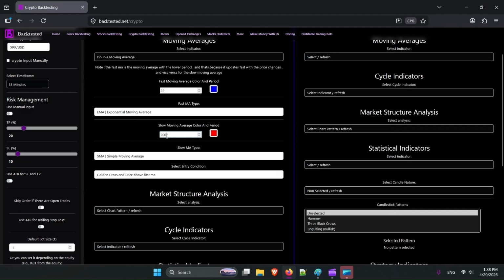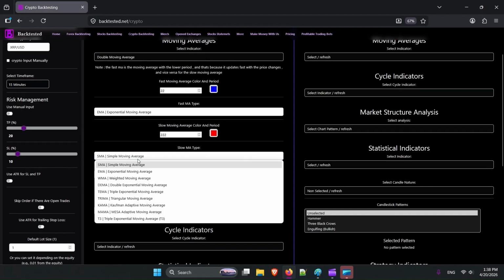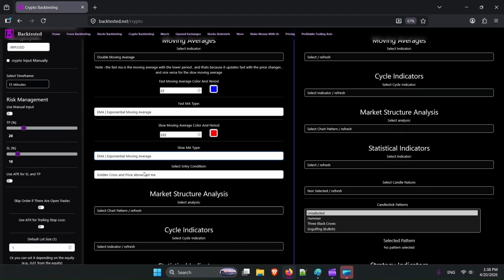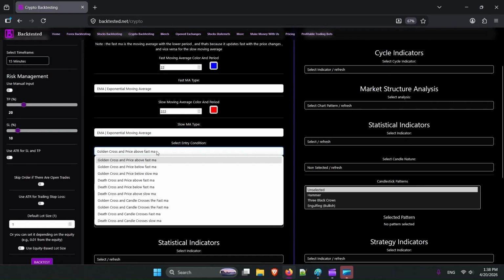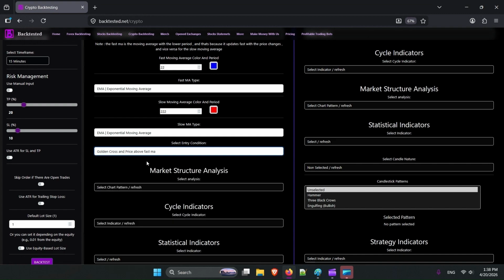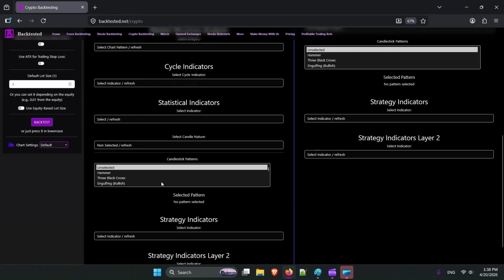And then in the slow moving average, we will select 222. And again, the type of the moving average will be exponential. The signal is golden cross, and the price is above the fast moving average. And then we will add the candlestick pattern, which is in this case bullish engulf.